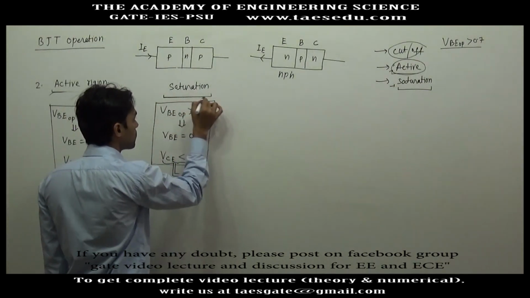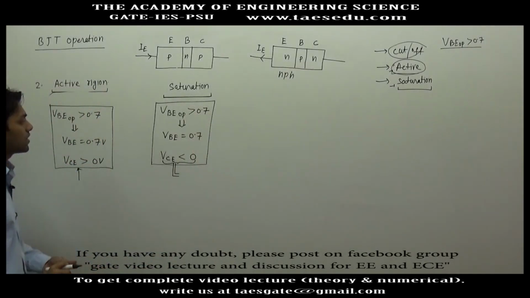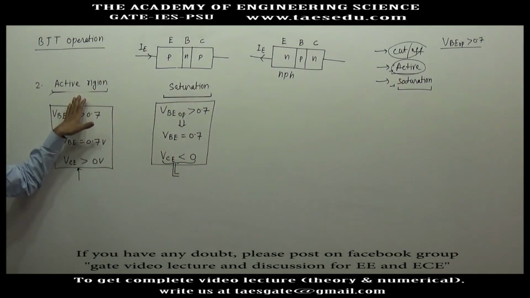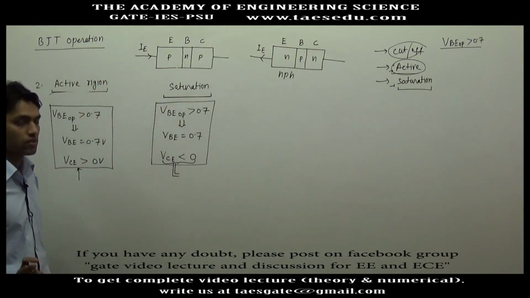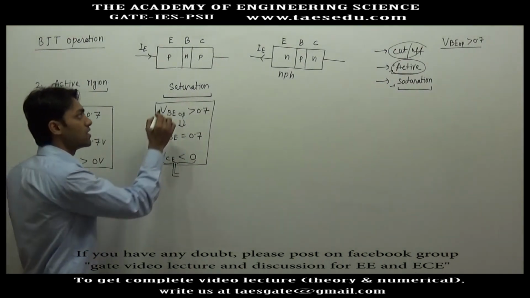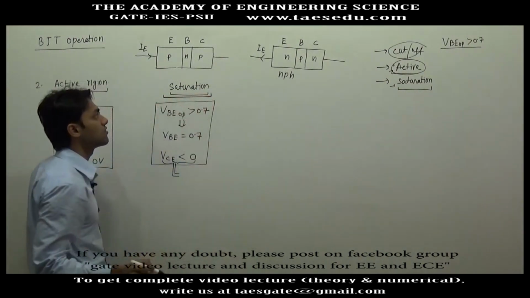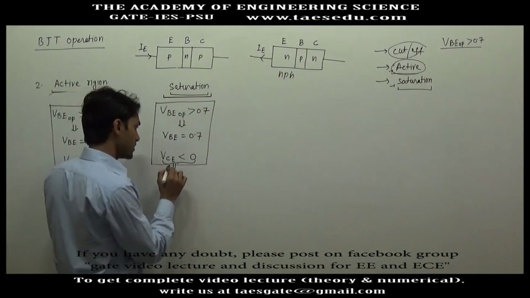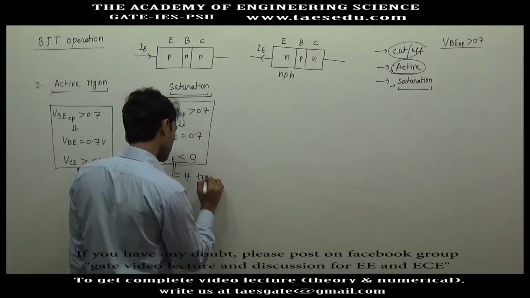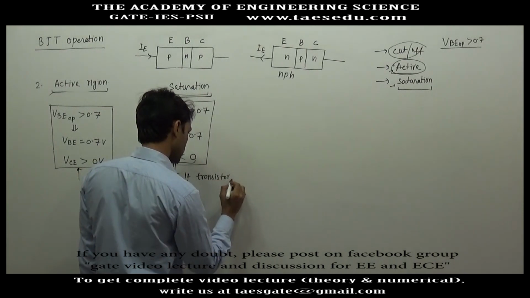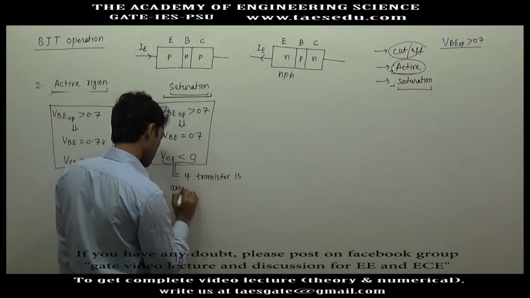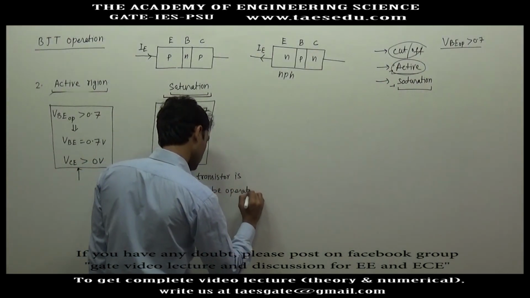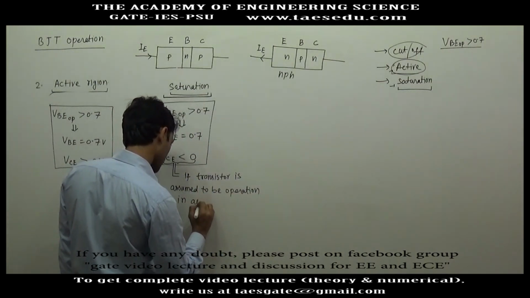If the transistor is actually operating in saturation region, and you are assuming it wrongly as operating in active region, you will get VCE less than 0. The transistor is assumed to be operating in active region.